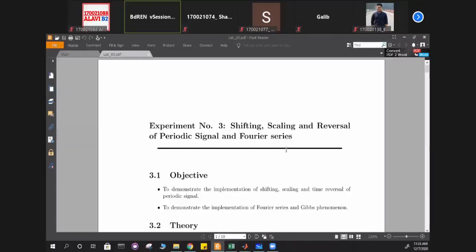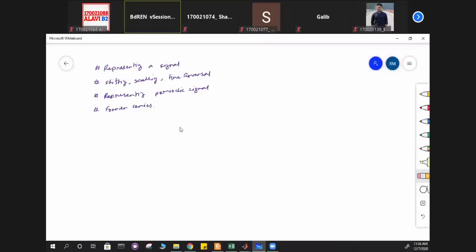If I subdivide today's lecture into a few subgroups, first of all, we'll learn how to represent a signal. Let us say an equation is given, and how to represent that signal in MATLAB. If you remember, at the beginning of our lab we said we'll learn how to represent a signal and how to operate on those signals, and we'll try to incorporate the different theories from signals and systems in the lab.